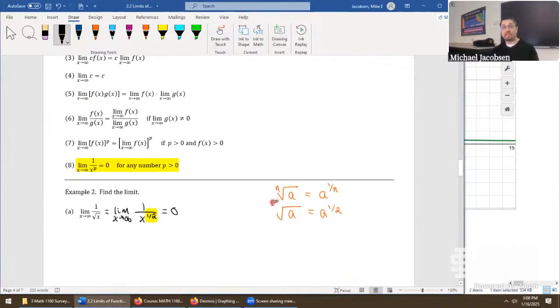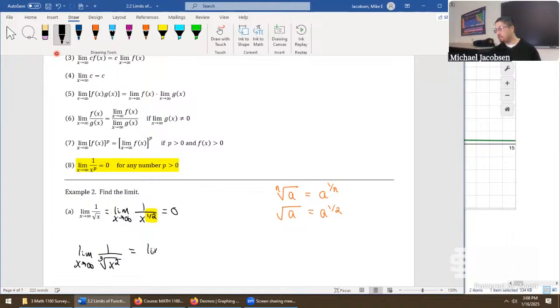But any questions at all, folks, with that part A? Yeah, so if it's a cube root of x, it would be 1/3. Exactly. For a very similar related example, it could have been the limit as x goes to infinity of 1 over cube root x, and maybe it could be even more fancy, like cube root of x squared.